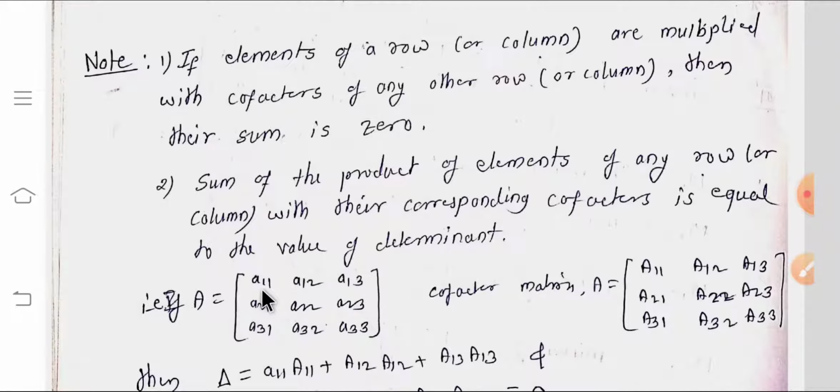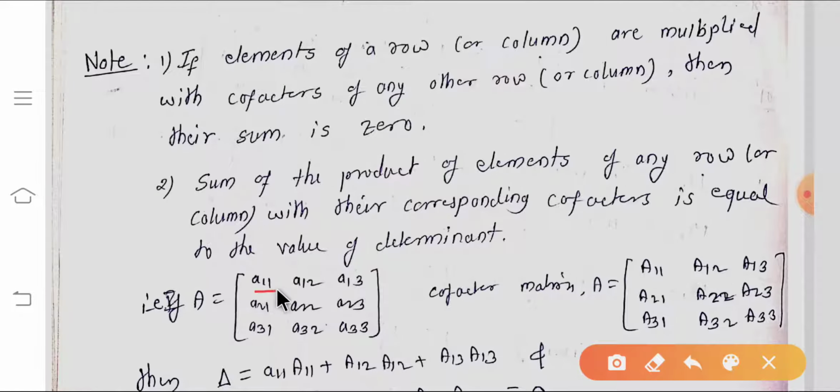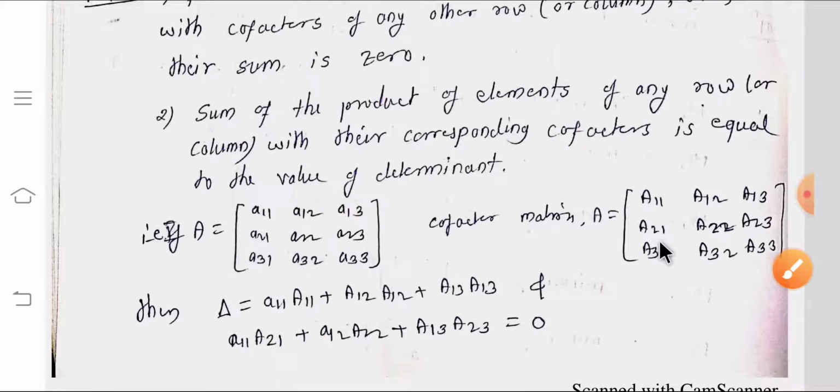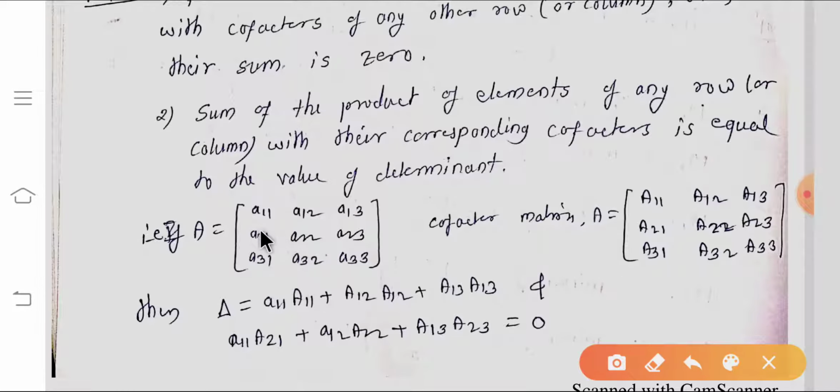Here, the first row's corresponding elements multiplied with the cofactors of the third row, their sum should be 0. That is, a11 into A31 plus a12 into A32 plus a13 into A33 equals 0. Similarly, take the second row, any other row, not the same row.